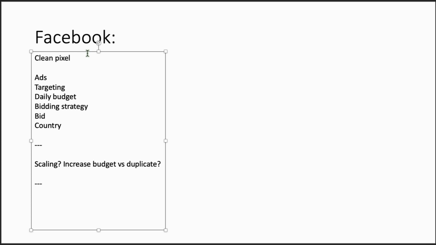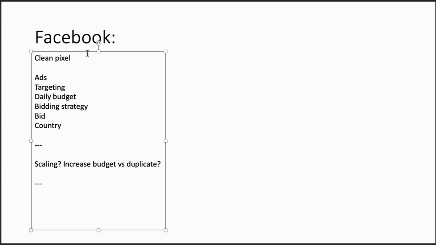One way that somebody might do it, which is wasteful, is to do ad 1 with targeting 1, ad 1 with targeting 2, ad 2 with targeting 1, and ad 2 with targeting 2. It's wasteful because let's say that ad 1 is better than ad 2.